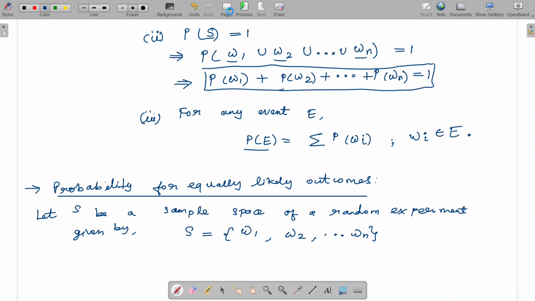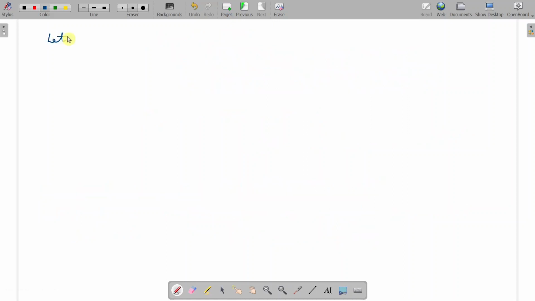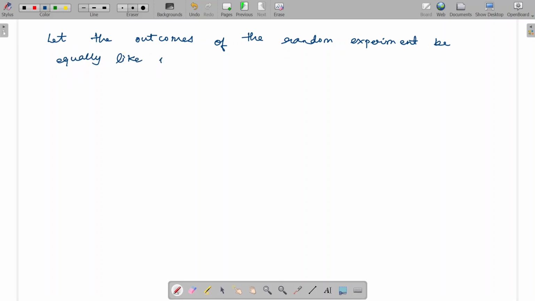Now let us say that the outcomes are equally likely. Let the outcomes of the random experiment be equally likely. That is, the chance of occurrence of each simple event, that is omega 1, omega 2, omega n, is the same.